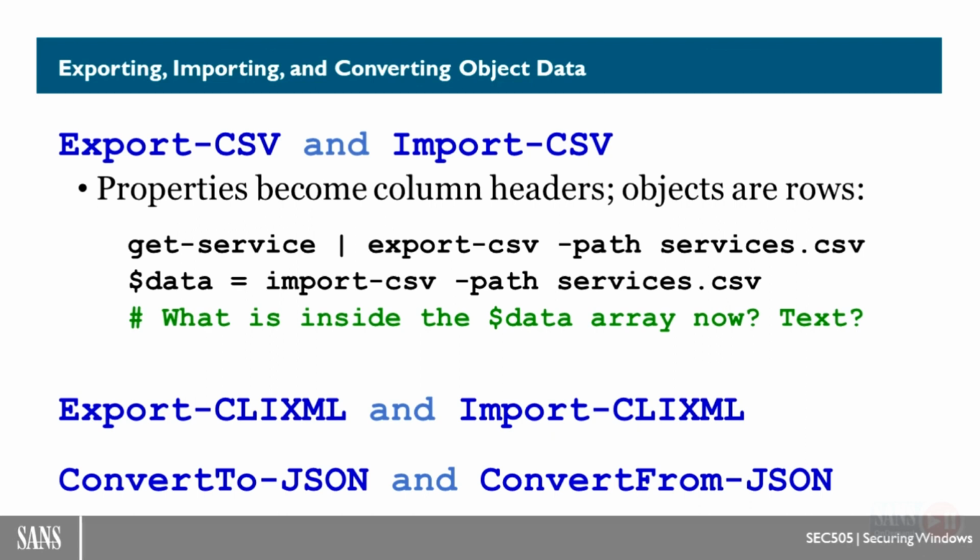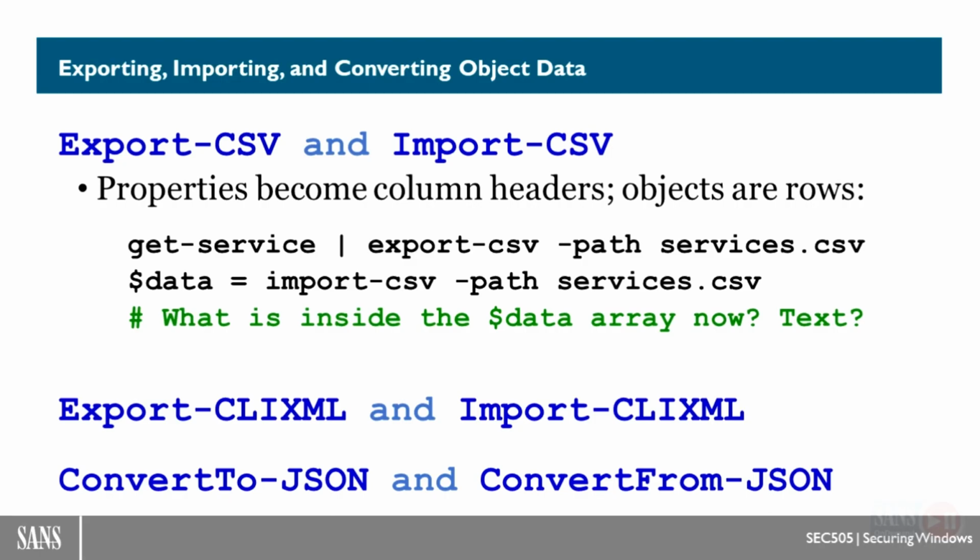That variable, by the way, is called an array. Now, here's the critical question. We've exported a bunch of service objects to a comma-delimited text file. If we have, let's say, 120 services on the machine, there will be 120 lines in that text file.